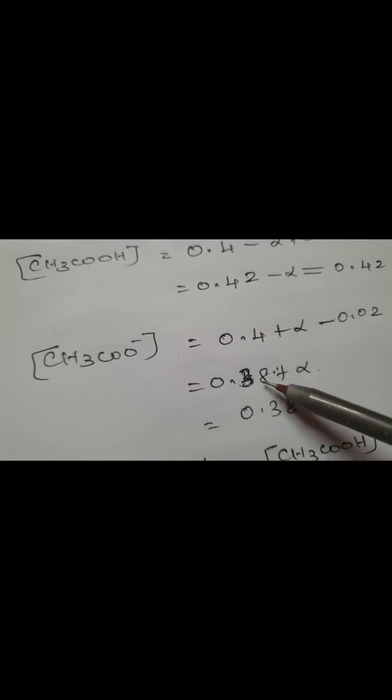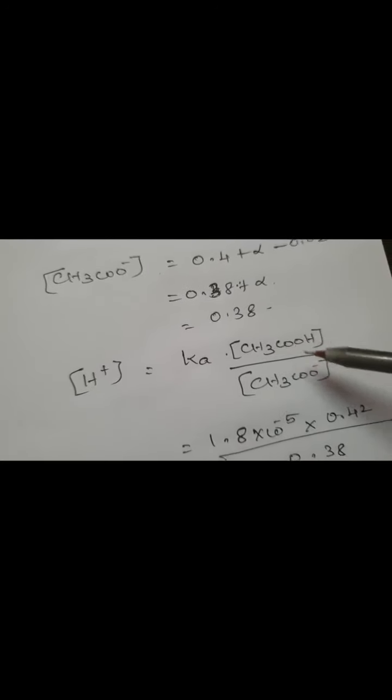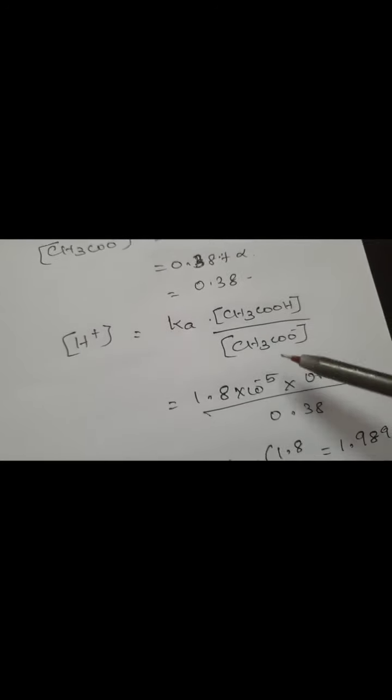For acetate, we subtract this, because H plus is removing here. So 0.4 plus alpha minus 0.02 gives 0.38, and plus alpha can be neglected. So H plus is equal to K into the concentration of acetic acid divided by the concentration of acetate.